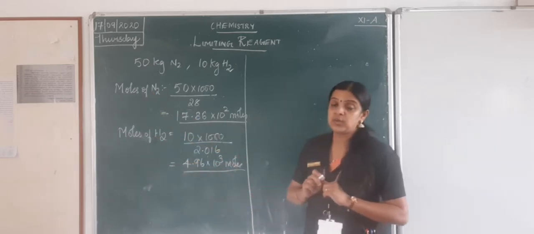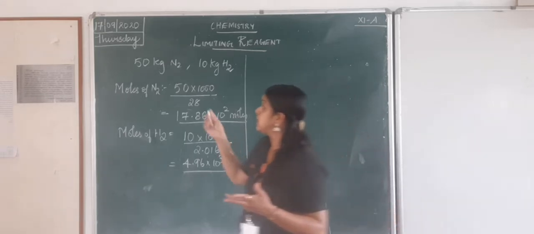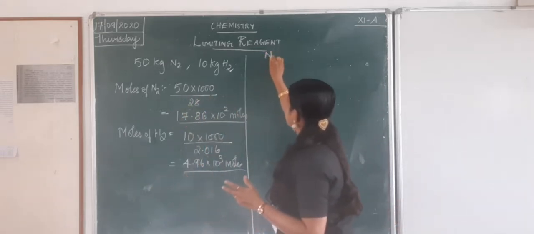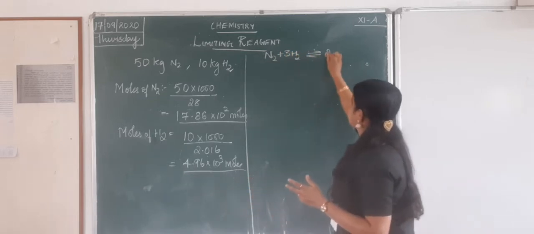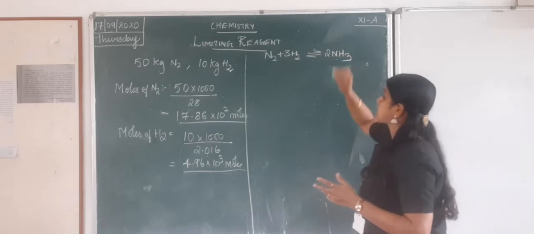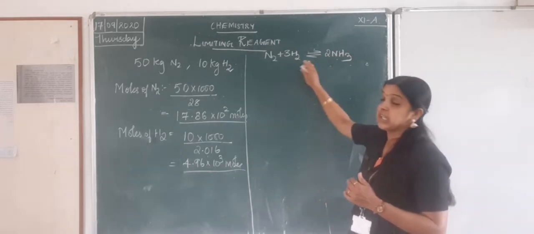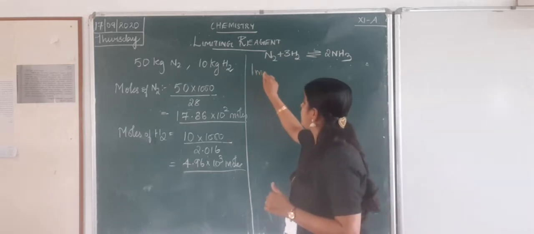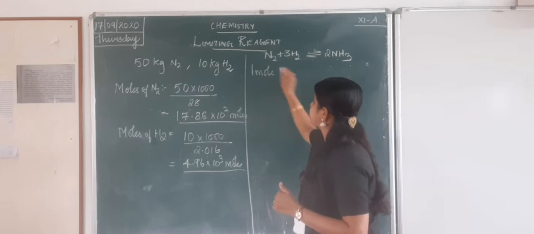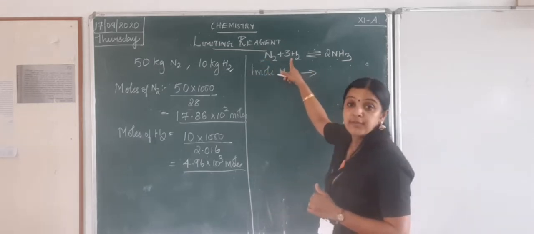Now once I have calculated, what is the equation for the formation of ammonia? Formation of ammonia is nothing but N2 plus 3H2 giving 2NH3. This is the chemical equation. From this, what do you understand? 1 mole of nitrogen needs how many moles of hydrogen?